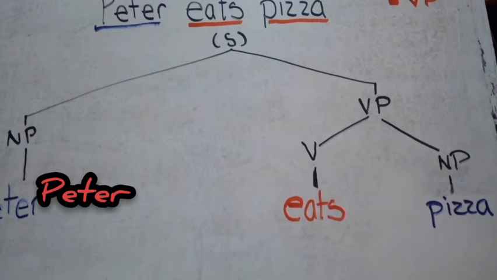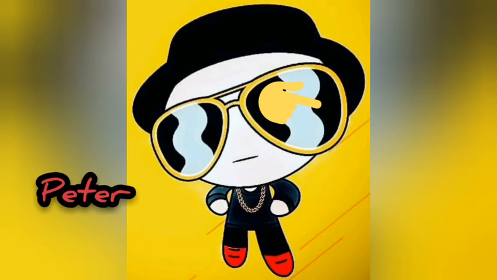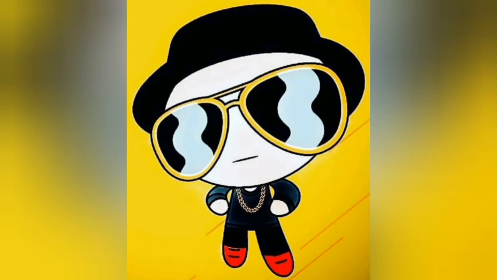And in the second branch we have the verb and another noun phrase. The verb phrase is composed of the verb eats, and the noun phrase has the noun pizza. Easy, isn't it?